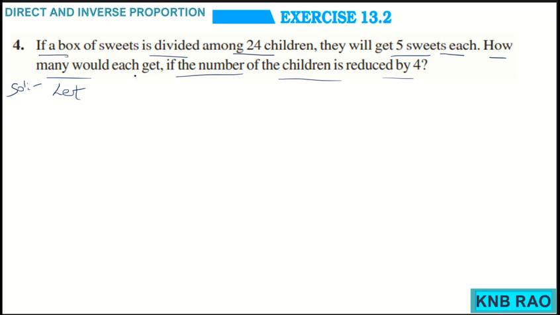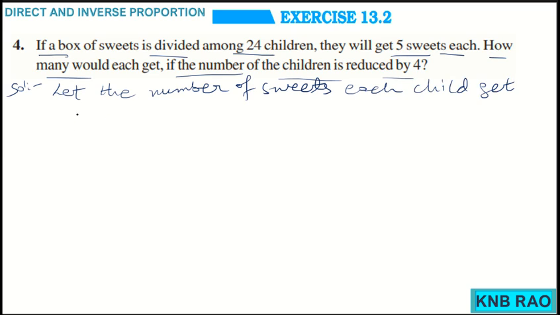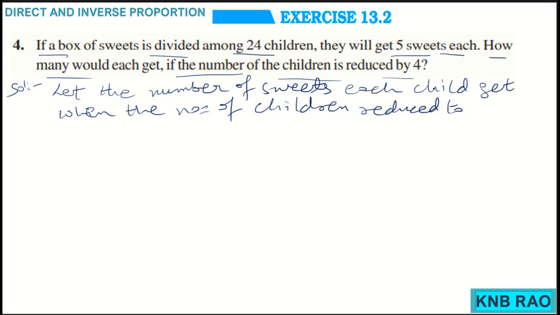Let y be the number of sweets each child gets when the number of children is reduced by 4. Reduced by 4 means 24 minus 4 gives you 20.